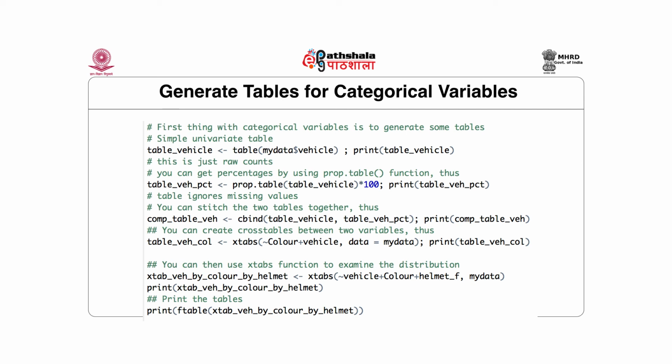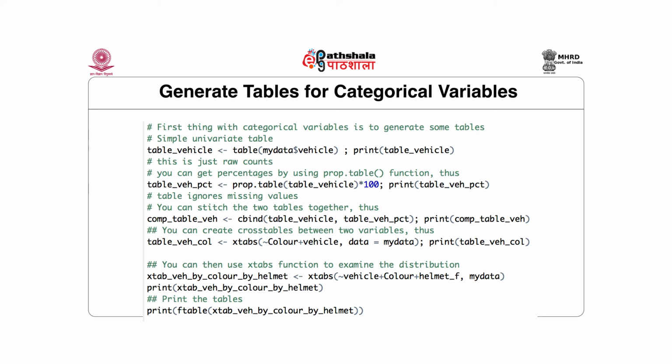But there is something very interesting about this. If you do this, you can print the table and get pretty much the raw numbers. But what becomes very interesting here is that you can extend the number of variables by passing them as arguments, adding them using a plus sign, all categorical variables, into the xtabs function, and then specify the data object or the data frame where they will be found.